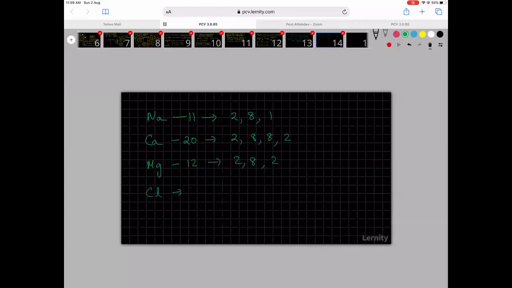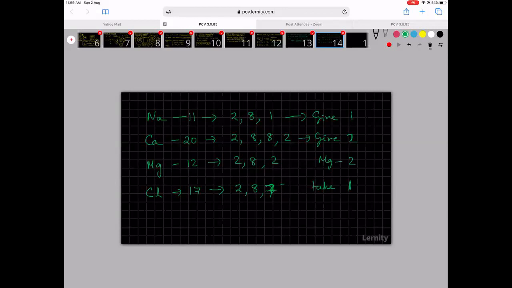Chlorine has 17, so 2, 8, 7. Now sodium wants to give 1 electron. Calcium wants to give 2 electrons. Magnesium wants to give 2 electrons. Chlorine wants to take 1 electron.